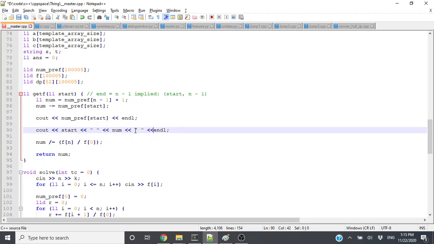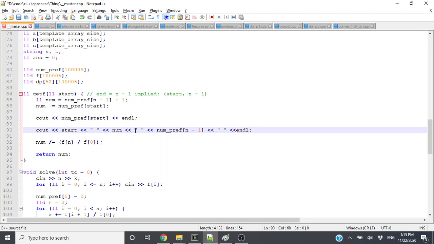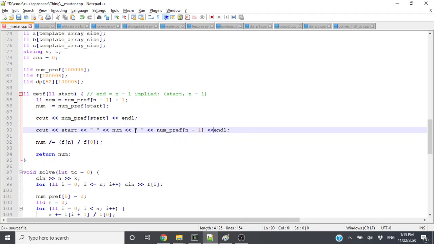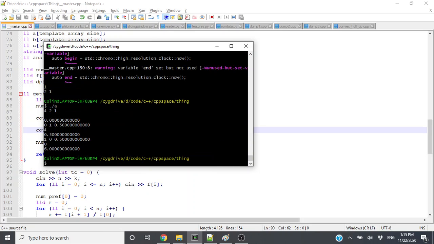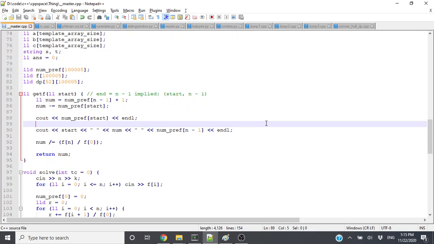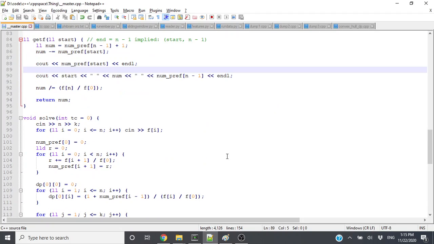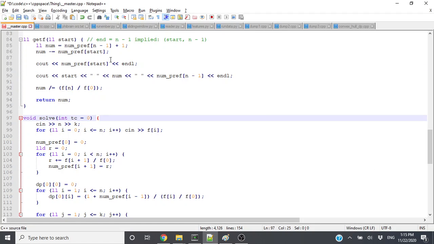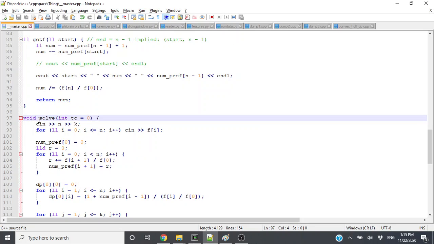I'm so confused. How is this not? What is this? So num prefix of start is literally 0. So what?